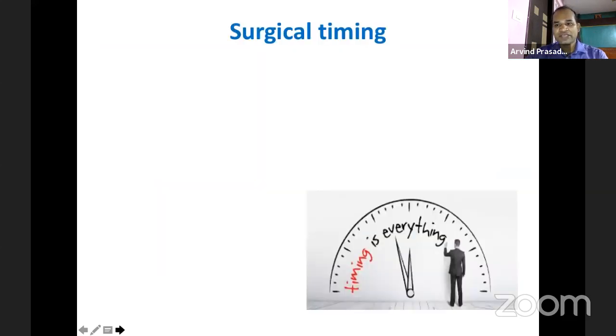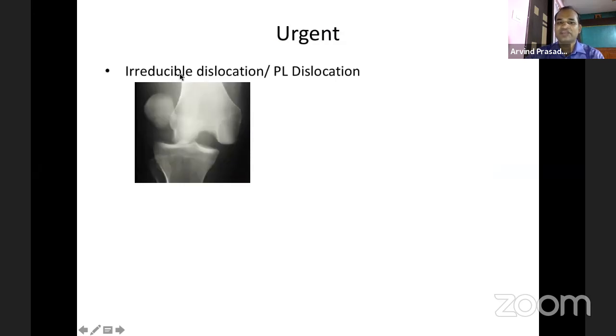So after making the diagnosis, the surgical timing is also very important: which should be treated urgently, which should be acute, and which needs delayed treatment. In urgent treatment, those having irreducible dislocation, the dislocation which is not getting reduced in emergency, is called an irreducible dislocation.